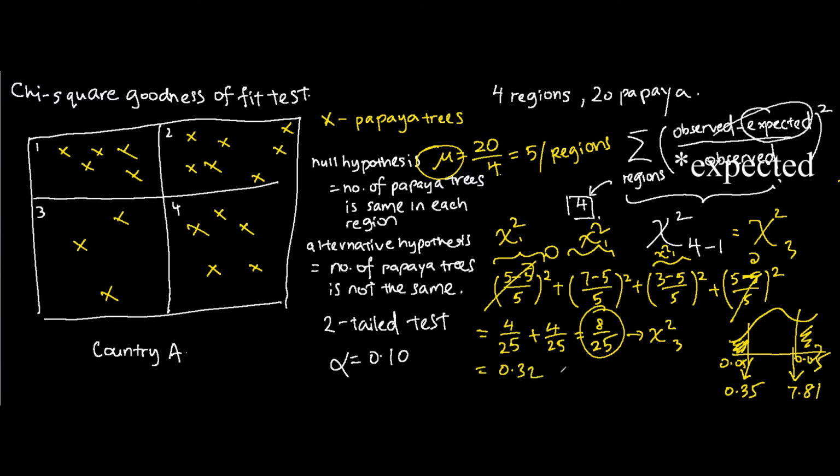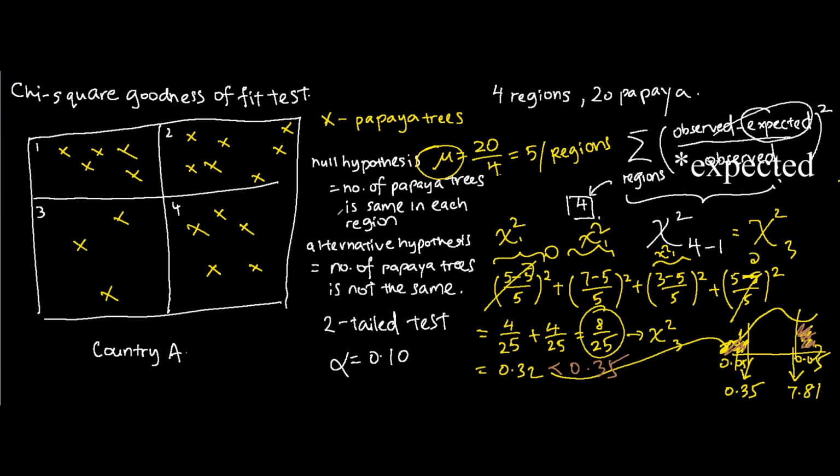All right, so it actually falls within the rejection region, because my rejection region is actually here and here. So because my 0.32 is lesser than 0.35, hence we reject the null hypothesis.